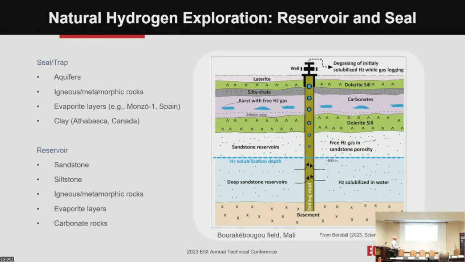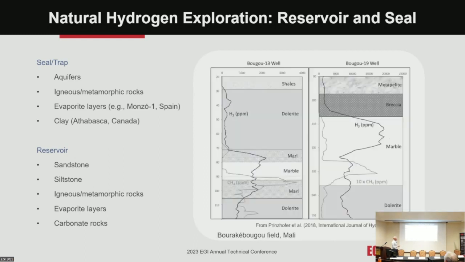Okay, so reservoir and seal. This is an example from Mali. In this case, the reservoir is a sandstone and also karst within carbonate. And the seal is dolerite, so igneous or metamorphic rocks here. This is the same field, two different wells.